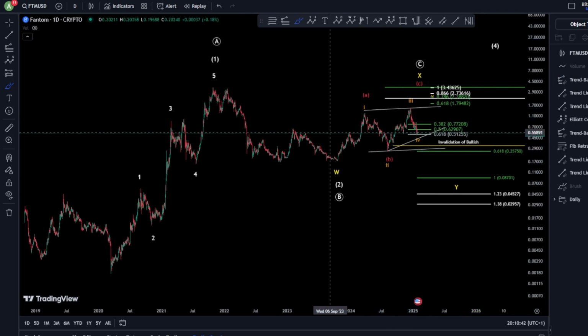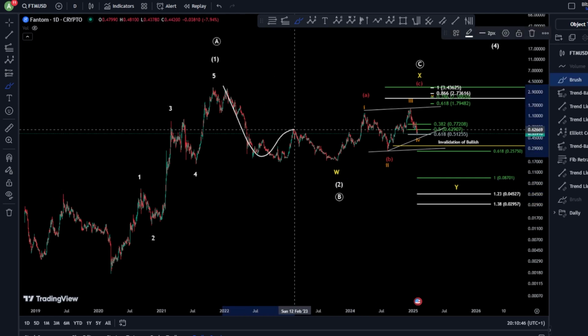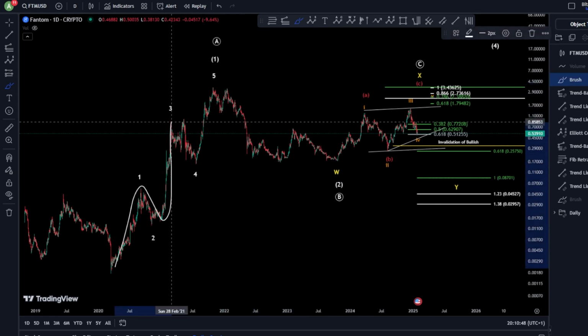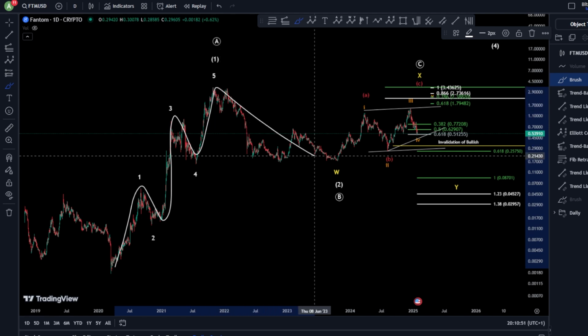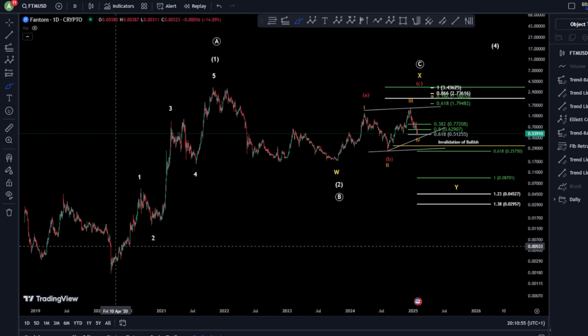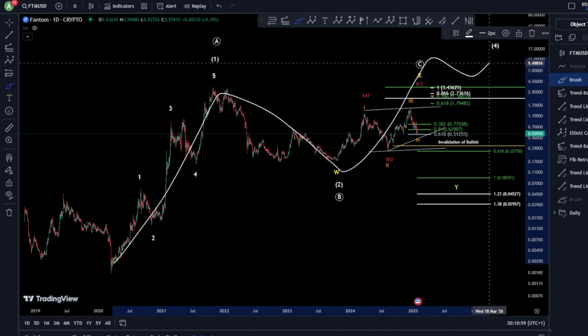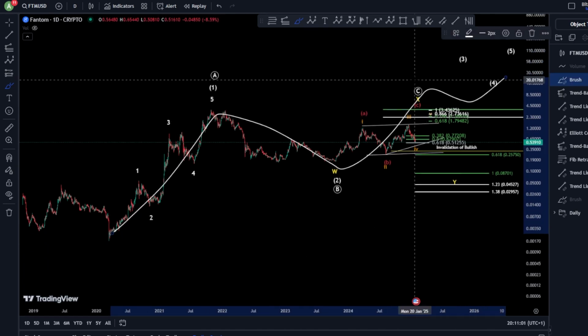Now, in case we have bottomed here for a wave 2 or a wave B after those three corrective waves, we would like to see continuation toward the upside with a wave C, as an A, B, C zigzag or as a 1, 2, 3, 4, 5 continuation toward the upside.